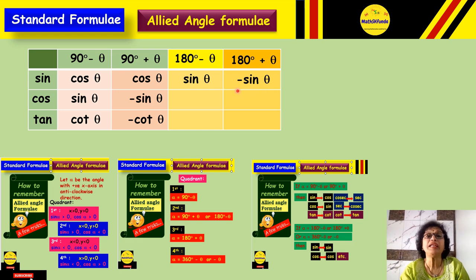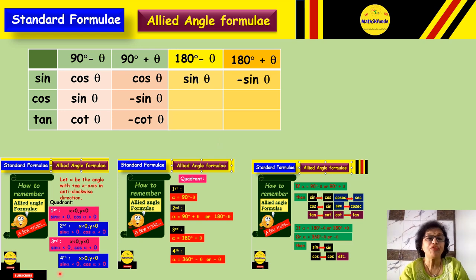So sine of 180 plus theta is minus sine theta. Another thing, in third one I had mentioned, answer for sine comes in terms of sine only. That is why I have written here sine. Okay. But here I had mentioned in 90 minus theta or 90 plus theta, sine becomes cos and cos becomes sine, right? So these two columns are according to this also.